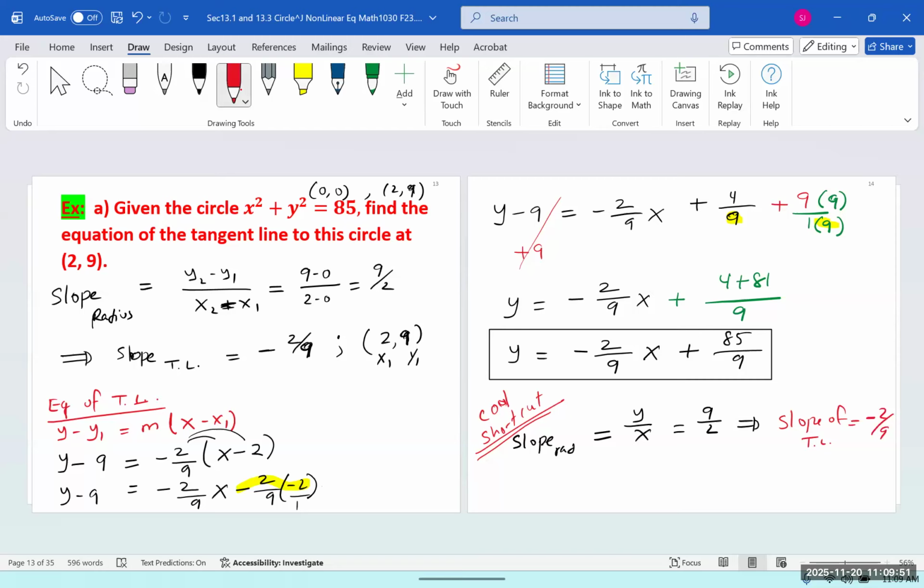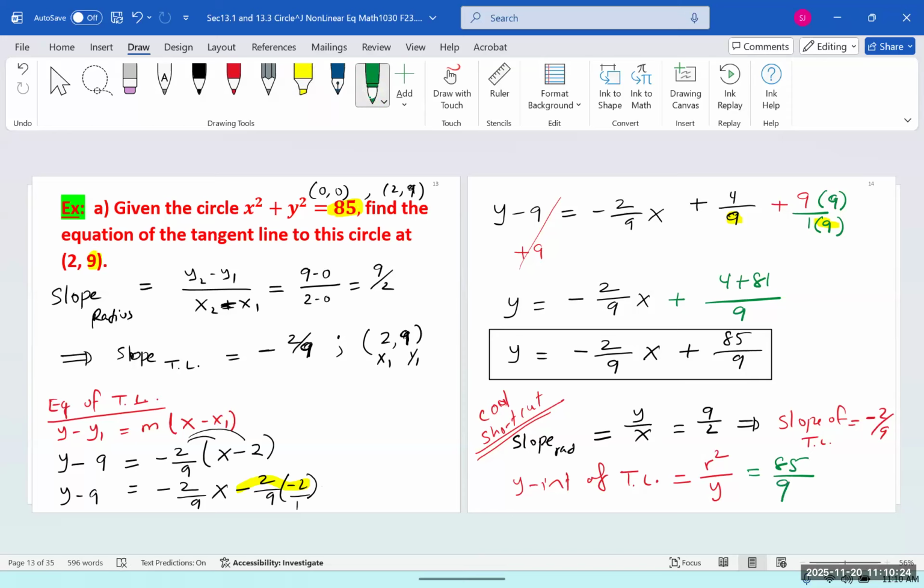Now, for the y-intercept, you actually don't need to find all the y-intercepts. Do you know what's the y-intercept of the tangent line? It's the radius square divided by y. See here, this is our radius square, right? So we have 85, and our y value is this.